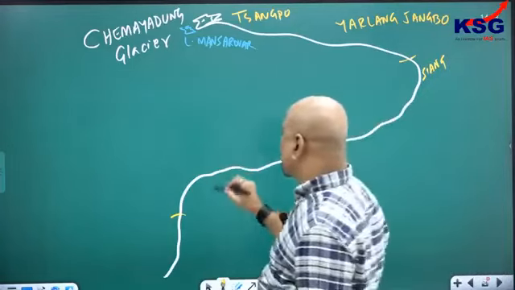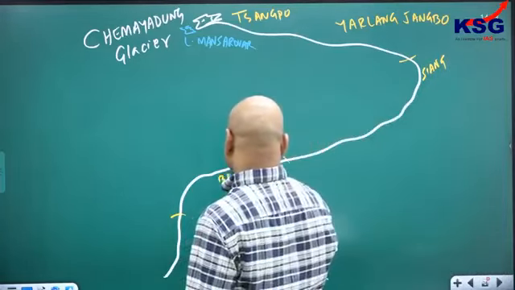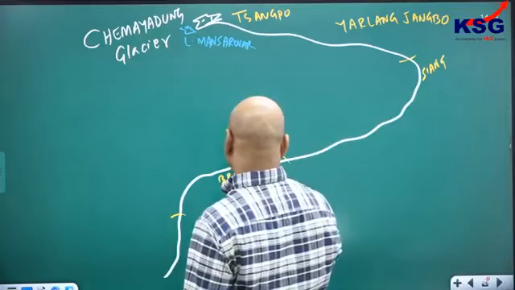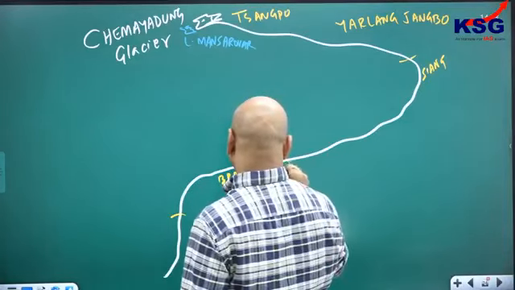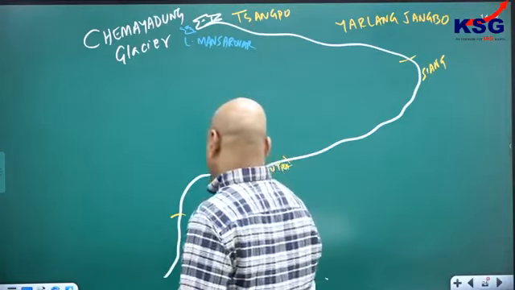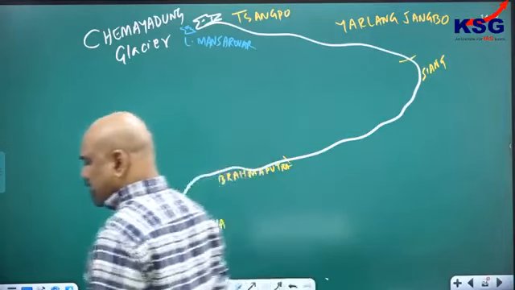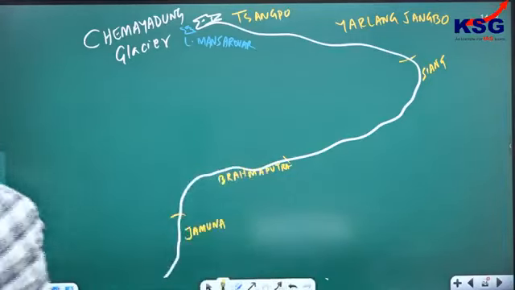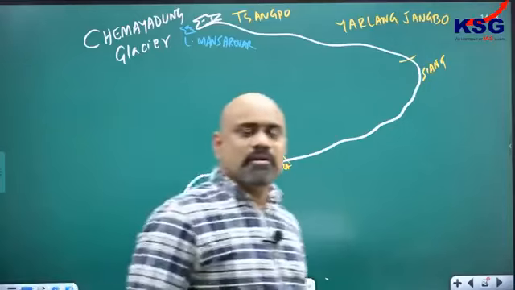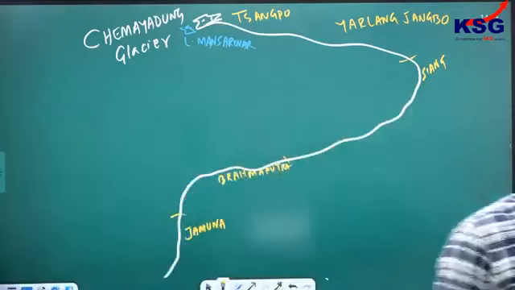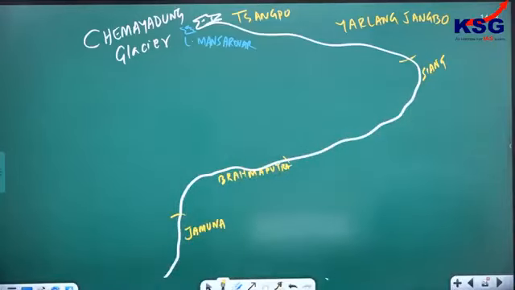Here it is called the Brahmaputra. Then known as the Jamuna. It is called Jamuna in Bangladesh. So you have different names for this river. Look at the tributaries now.